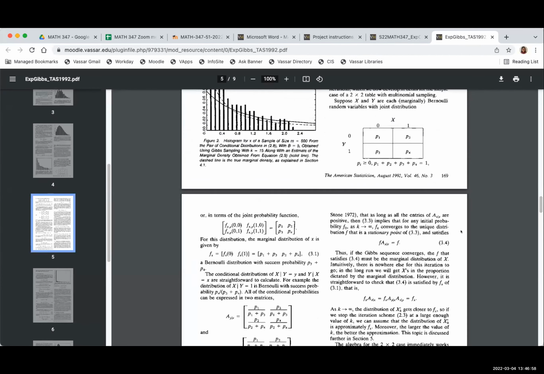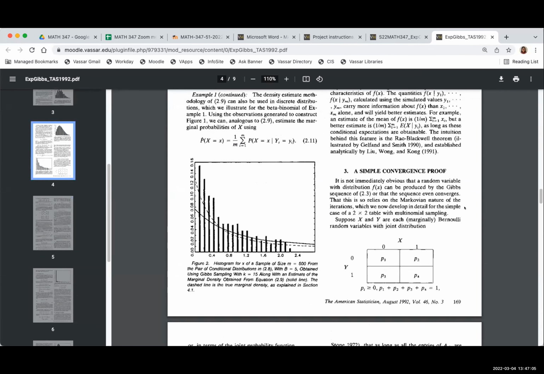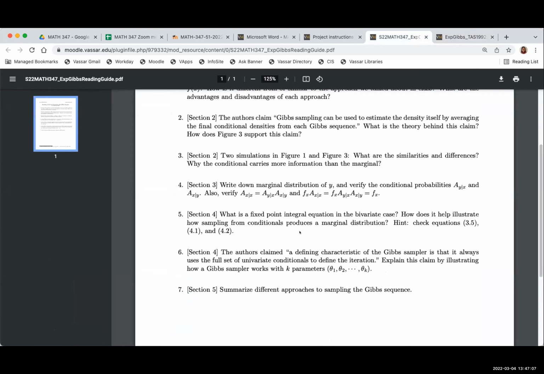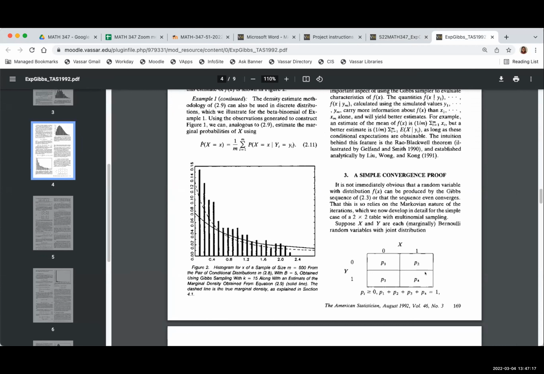All right, so let me share this one. I think hopefully it's easier to read. The question itself is from section 3, okay? Section 3 gives us a toy example of this 2x2 matrix, of how x and y are both binary, right? So we have a discrete case working through it.